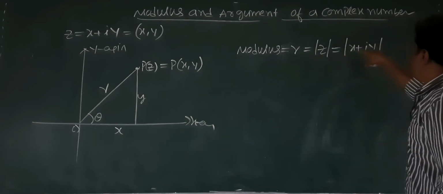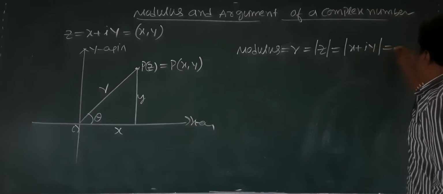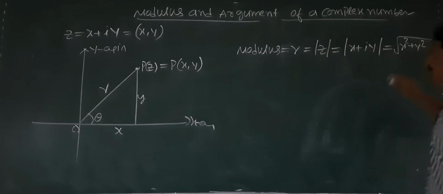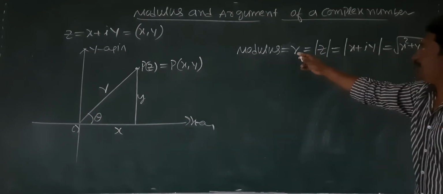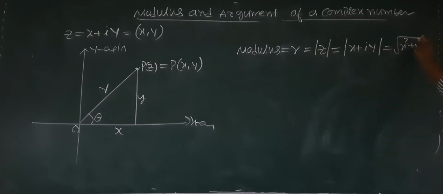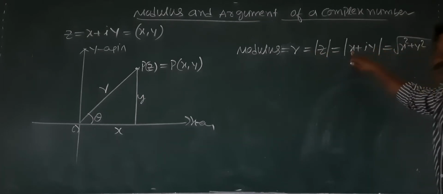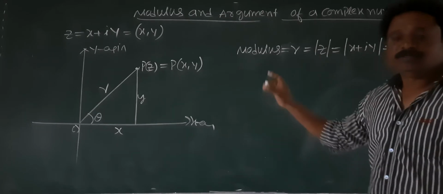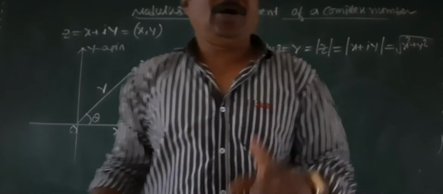It is given by root of x square plus y square. So tell me the expression for r: root of real part square plus imaginary part square, root of x square plus y square. This is how we find modulus.